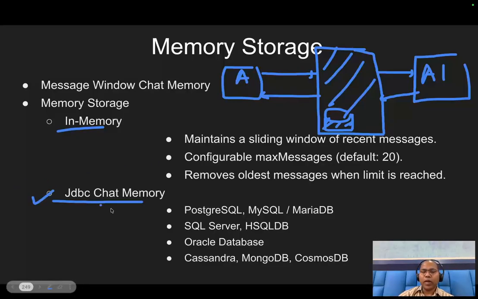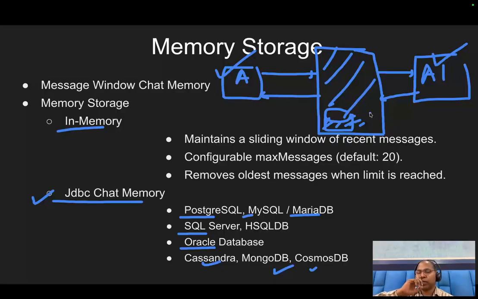One option is you can store it in any kind of relational or non-relational database, maybe Postgres, MySQL, MariaDB, SQL Server, Oracle, even MongoDB, Cassandra, Cosmos. These are the databases available. That means all the conversation between your application's user and your model, the question and answer, everything you can store in this database. Whenever any new request goes, we fetch it and associate that context with the AI request again, and send it back.